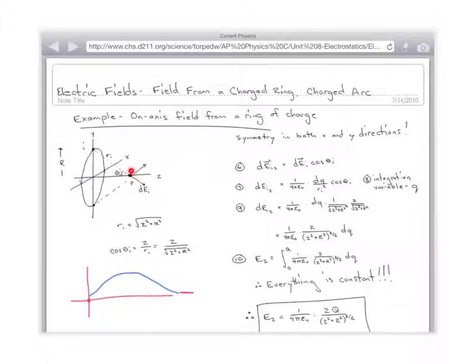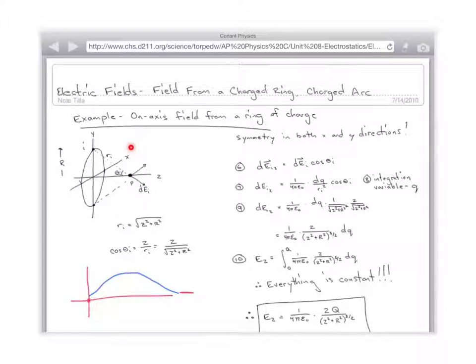The first time I did this problem, they asked me this question first, and then they said, well, what if you pick a point that's up here somewhere as your point? And my head exploded. Then I realized I had to do multivariable, and it was a horrible problem. This is not a horrible problem. This is one of the easiest problems. We're just finding the electric field along the z-axis. Yes, it is boring, and that's all that you're going to be required to do. So deal with it.